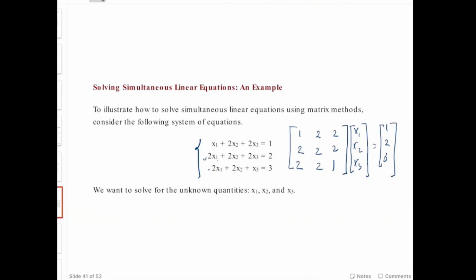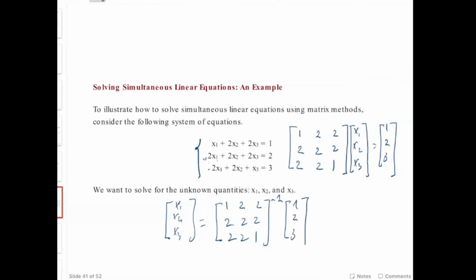Our solution is basically x1, x2, x3 equal to the inverse of A times 1, 2, 3. So if you multiply the inverse by the vector, we get the solution of the equation.